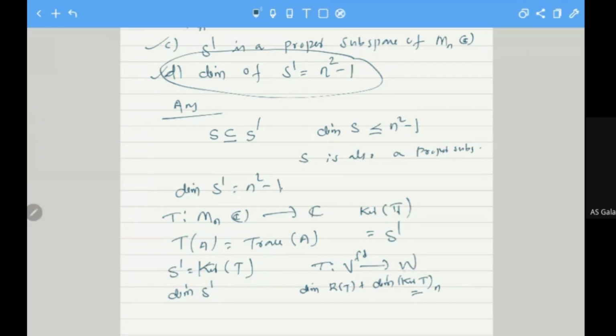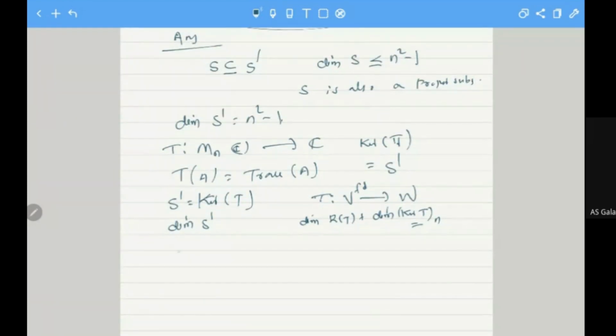So what will be the dimension of the range here for our particular T? Look at this particular T. Yeah, so the dimension of the range of T is nothing but 1. So what is the dimension of V here? N square, right?